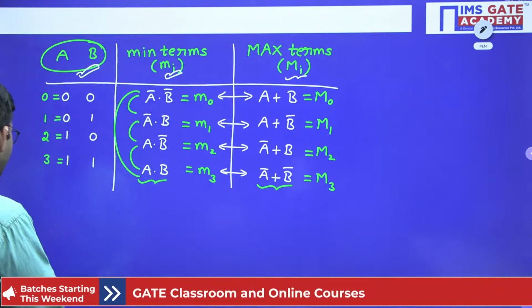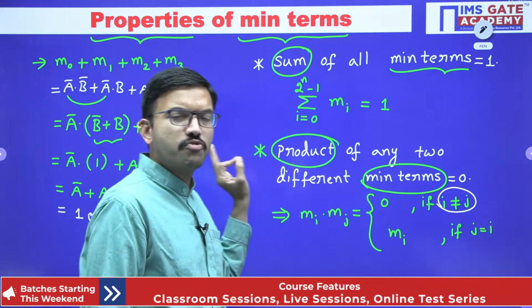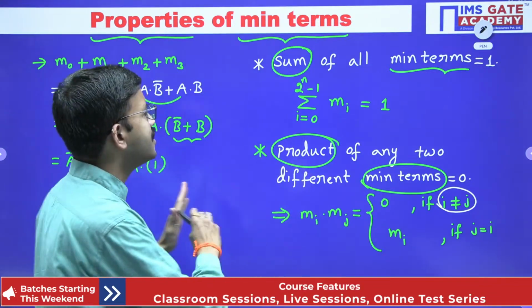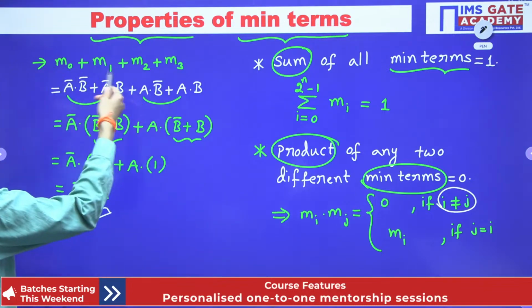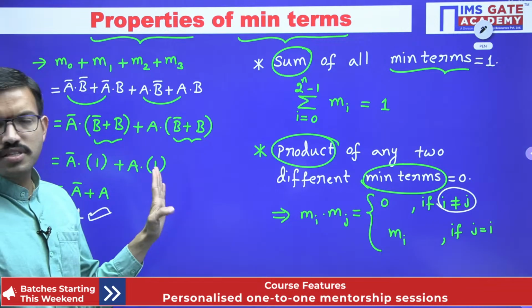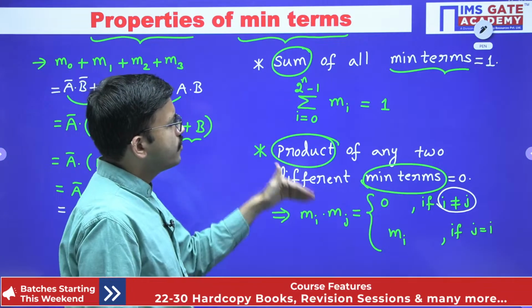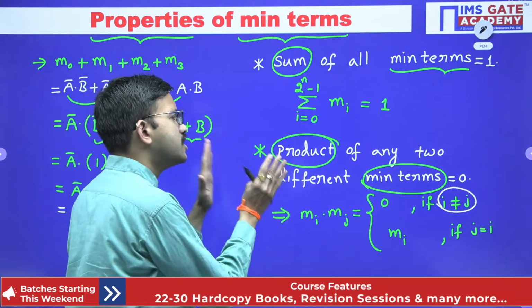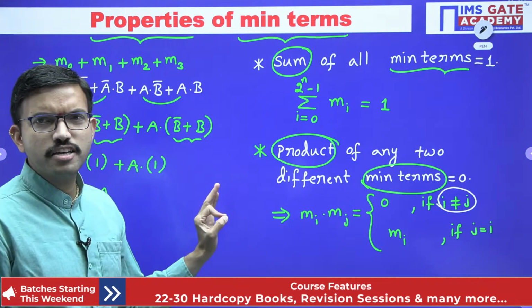These properties are applicable for whatever the number of variables may be. For easy understanding, I have considered the example of two variables, with which we got 4 minterms, and with the help of that we got these two properties. These two properties we can generalize for any number of variables. I hope it is clear for everyone.